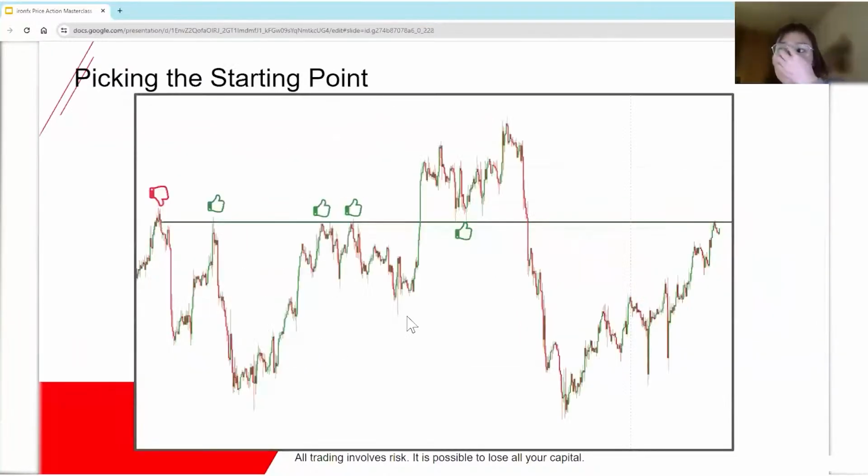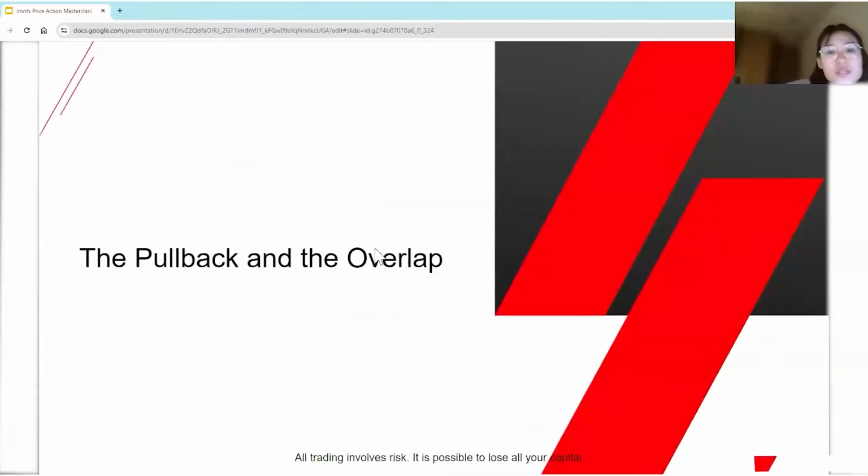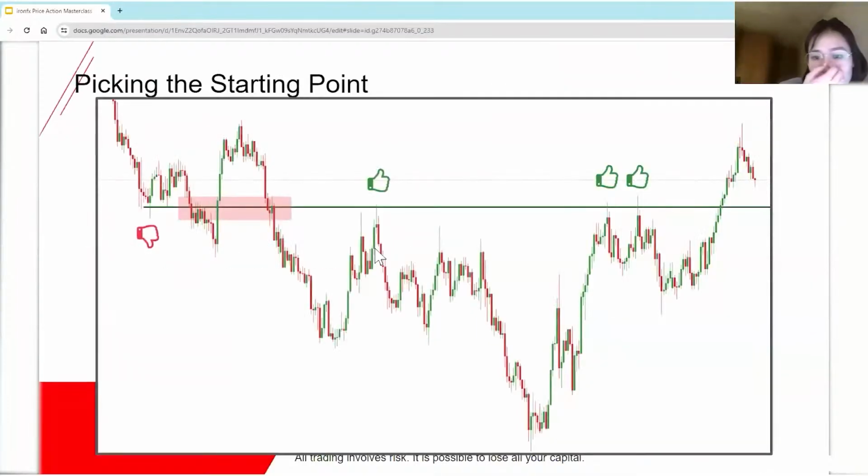You can see when it cuts through nicely just one body of the candlestick, that's fine. This is something that we want to avoid because it's cutting too many bodies of candlesticks. We just want clean cuts of just the wick. Here's another example. Take note of this red highlighted area because we want to avoid intersecting so many candlesticks.